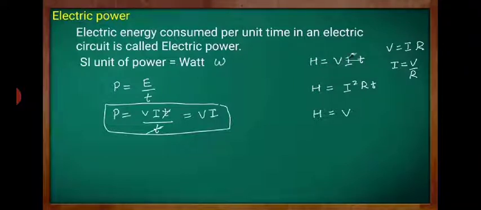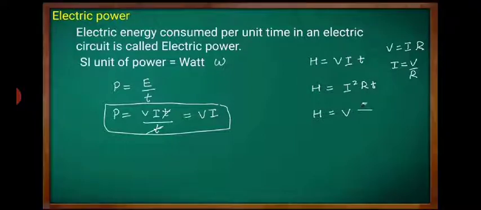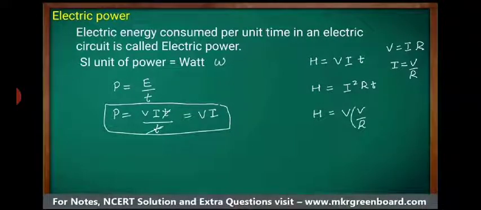Here instead of writing I, we can write V by R. So we get the new formula P is equal to V square divided by R, into T. Here you can see one more formula of H, the heat.